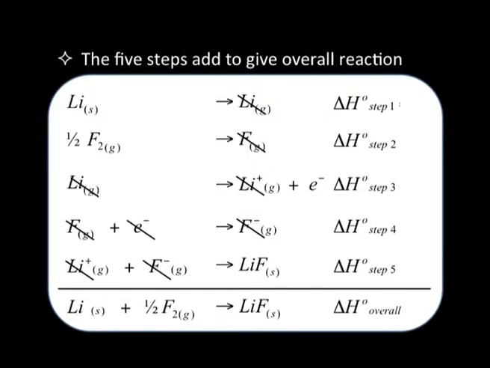Let us see that. Before we come to that, if I add all these expressions, 1, 2, 3, 4, 5, what I get is the desired overall expression, which is the expression for the formation of lithium fluoride from the elements, lithium and fluorine.